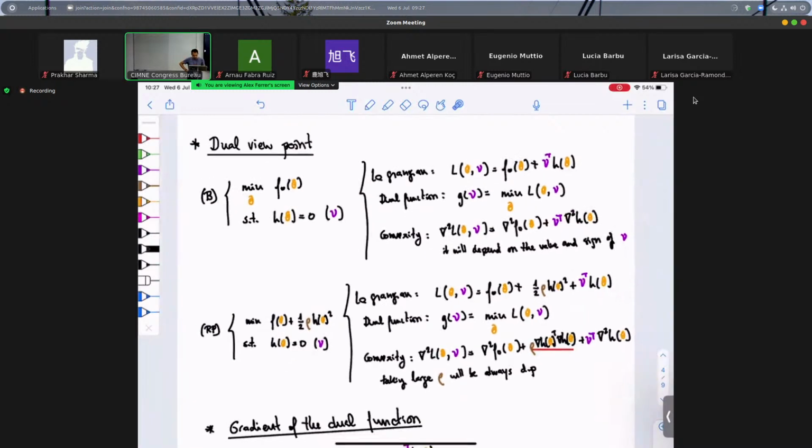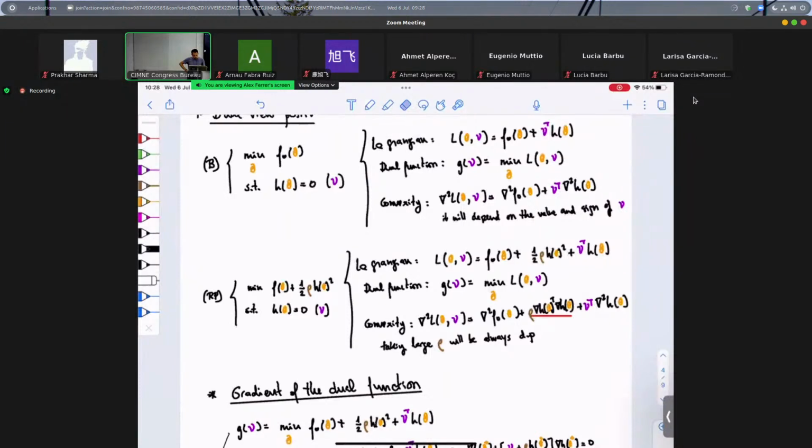This is the L for the base problem. Sorry, the modification is here. Now you add this term here, then you have the Lagrangian. Then you have the dual, and you have to see the convexity of the dual, with the same term as before, and also this.